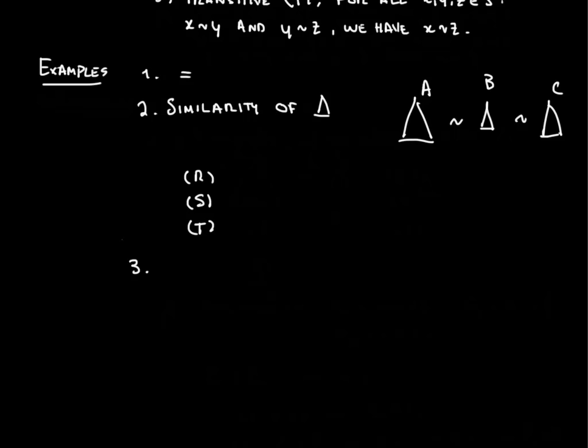Okay, so we can also say that parallelism is an equivalence relation. The way we're going to define parallelism is that if we have a line L1 that is equal to A times x plus B, and another line L2 that is C times x plus D, then we're going to say that L1 is parallel to L2 if and only if they have the same slope.